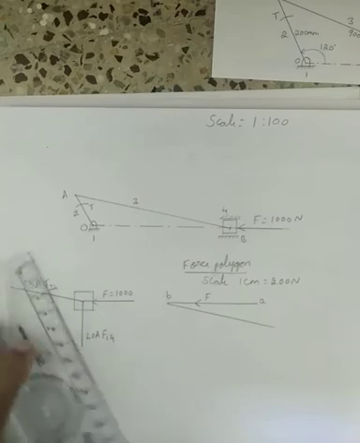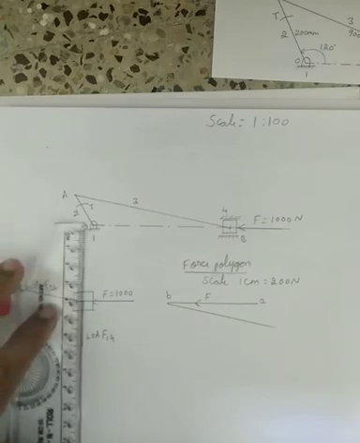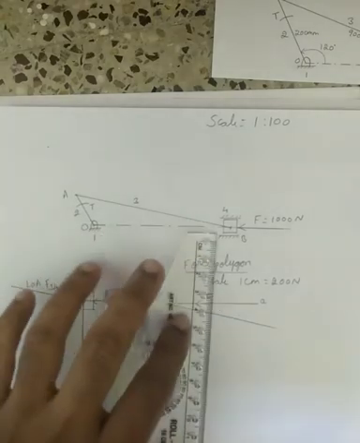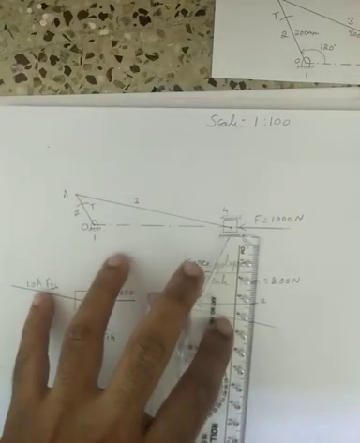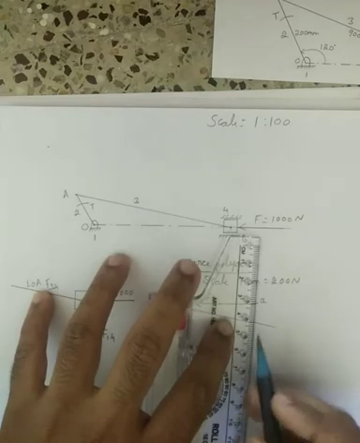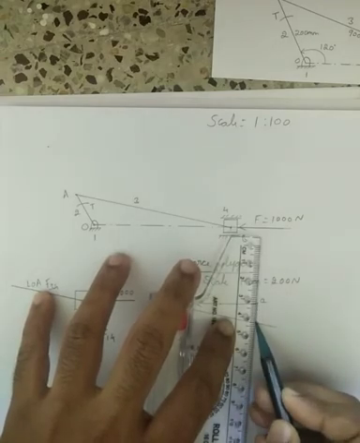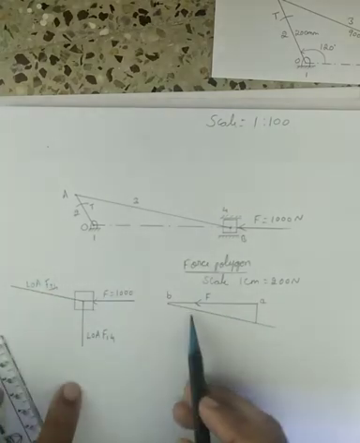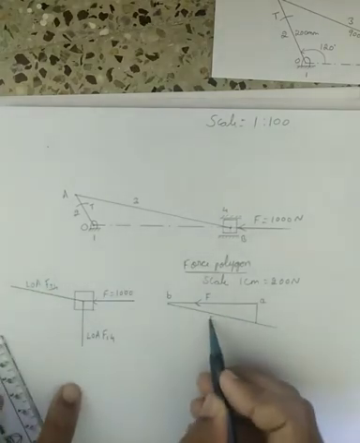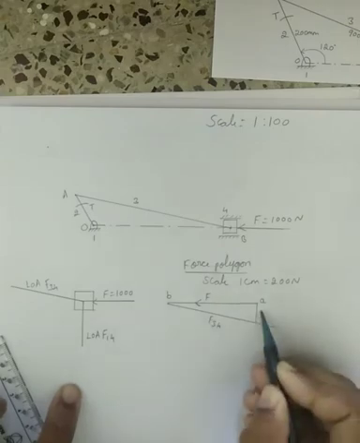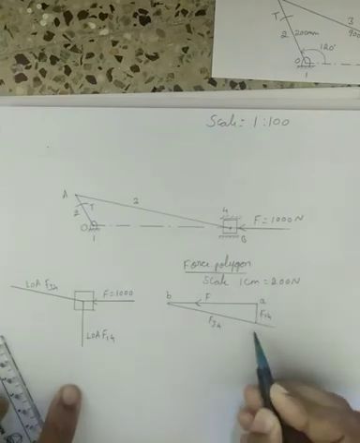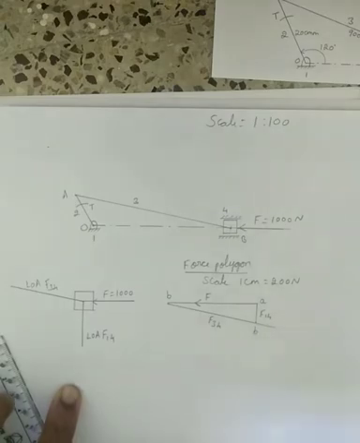Now I know the line of action of F14. Okay, so I will stretch that, and from the point A I will draw the line. Both the lines, F34 and F14, will intersect at point B.